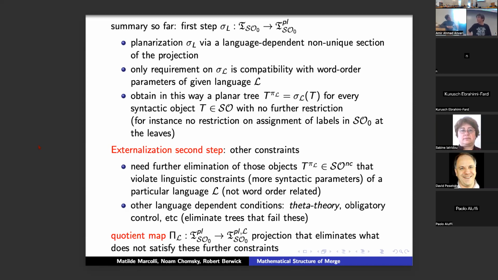Many of them don't give me viable constructions that I want to keep. So I'm going to have to take a big quotient that kills off everything that's not consistent with the rest of the specific syntactic parameters and notions that I want to keep. And so this is the second step that I want to have in the externalization procedure.